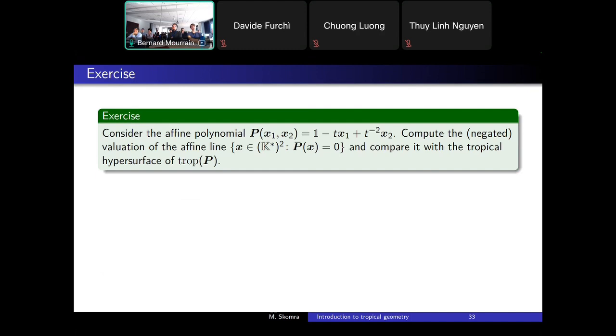As you can see, I will only compute the valuation of the line on the non-zero points for simplicity. Okay, so let us try to do it. How could we start computing the valuation of this line?